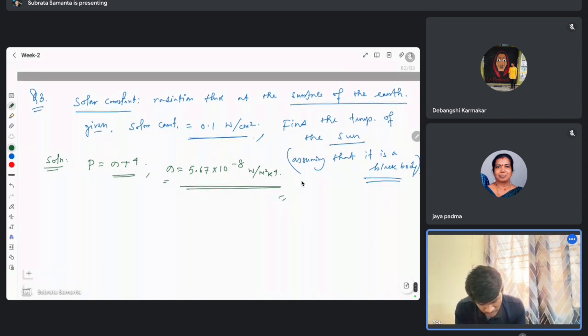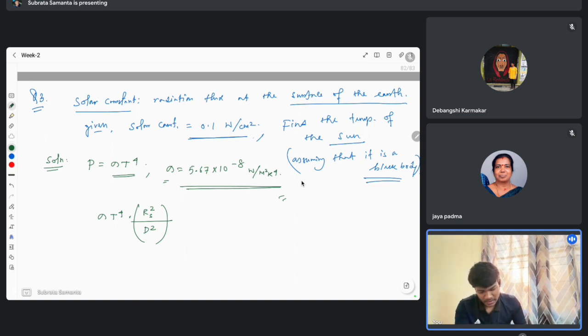That means sigma T to the power 4 times R sun square divided by d square, and that is 0.1. This is the power per unit area, the radiation flux per unit area.